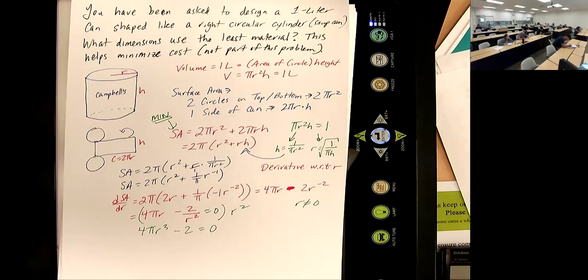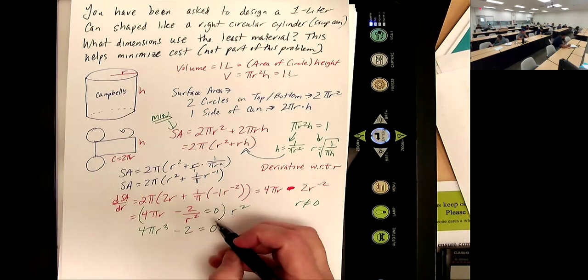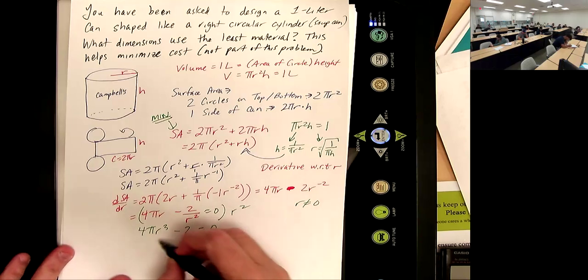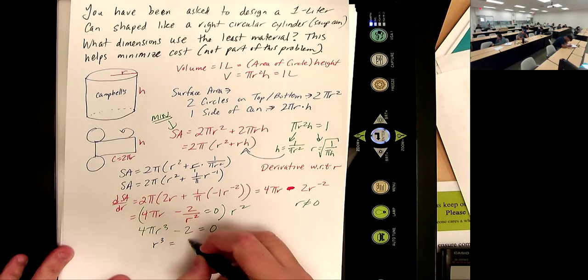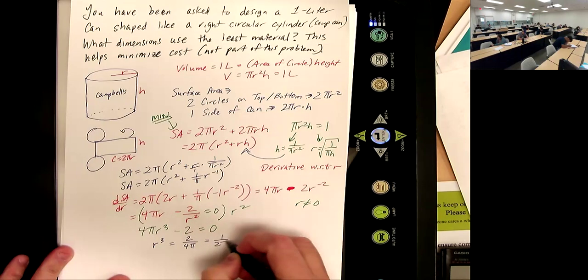God, that's ugly. Well, nothing to do but solve for it. If I add the 2 over and divide by 4 pi, I get 2 over 4 pi, which is 1 over 2 pi.